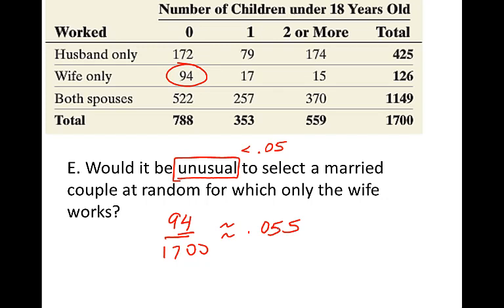So this is not less than 5%, 0.05. So we would say no, we would not consider that unusual. It's pretty close though, but we have to have a cutoff somewhere. For this text that we're currently using, 0.05 is that cutoff, and we'll kind of see why in subsequent lessons.